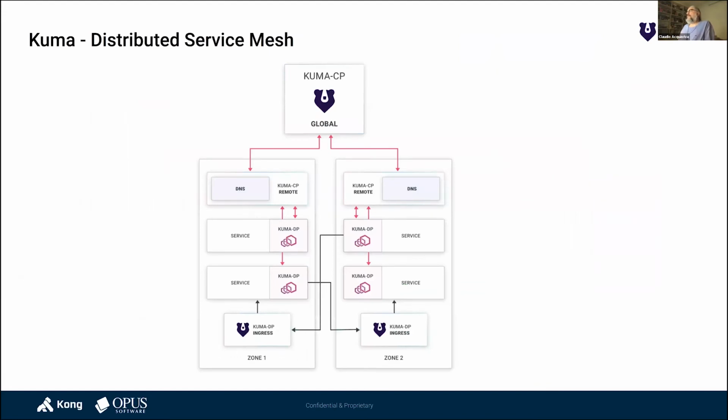More than that, Kuma allows you to implement a distributed service mesh. So in this sense, you're going to have a global control plane layer, and then you're going to have remote control planes, with services running in specific what we call zones. So it would be totally feasible to run your control plane in, for instance, Google Kubernetes Engine.